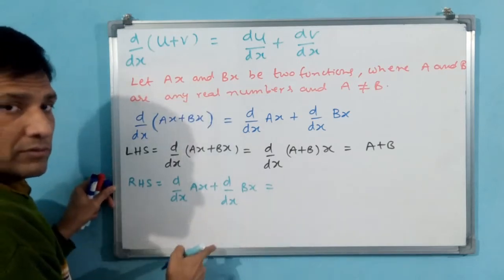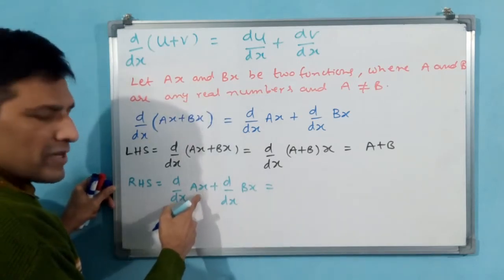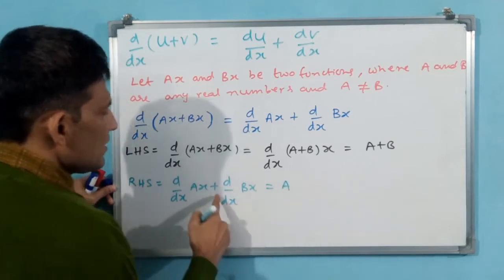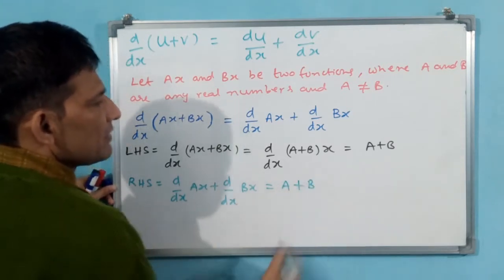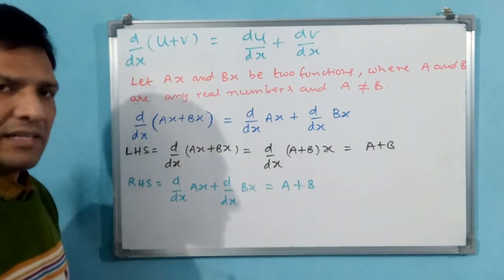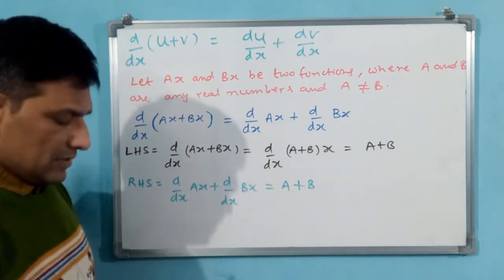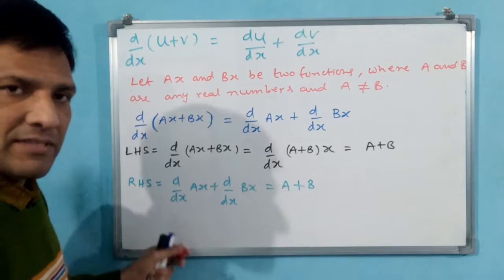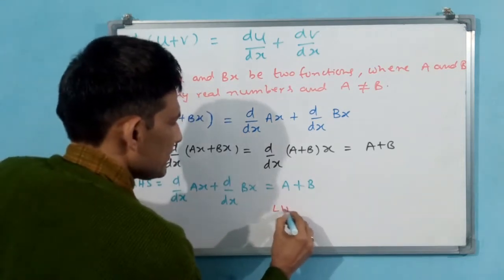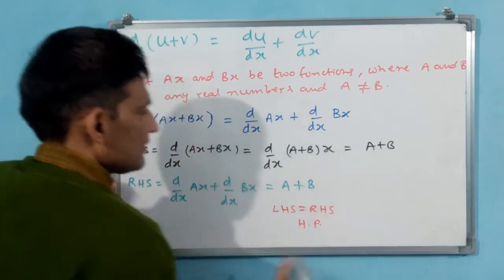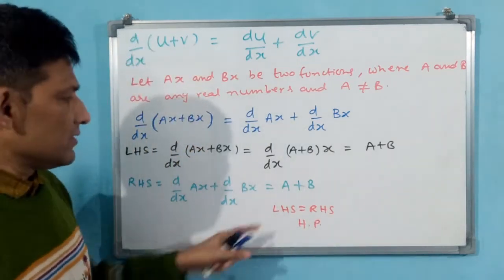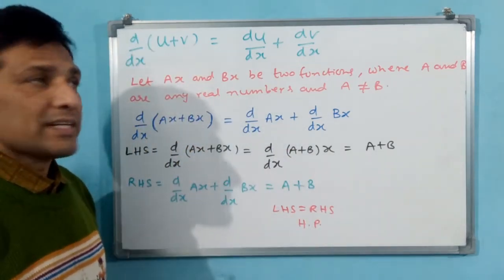Here also you see, d by dx of Ax is A plus d by dx of Bx is B. That's all. Over. Now you can write LHS is equal to RHS, hence proved. Like that you can write and close this.